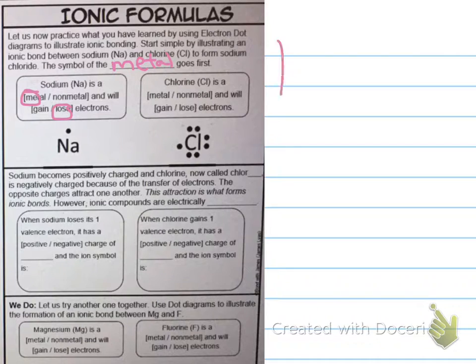How do we know it's a metal? Well, if you look at your periodic table, it looks something like this. Notice there is a staircase we should have drawn right across this section. And here's hydrogen.